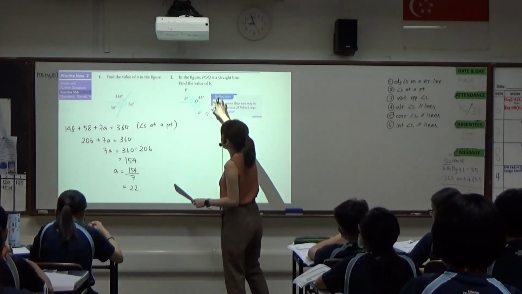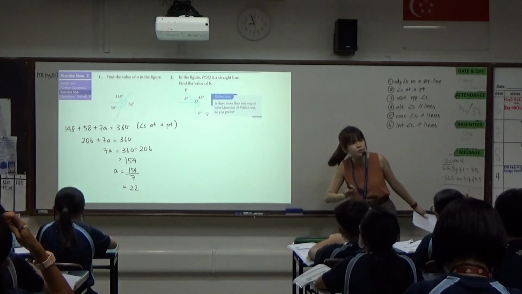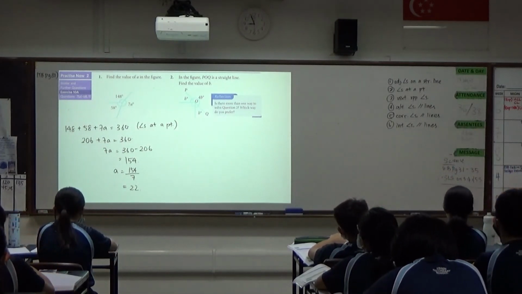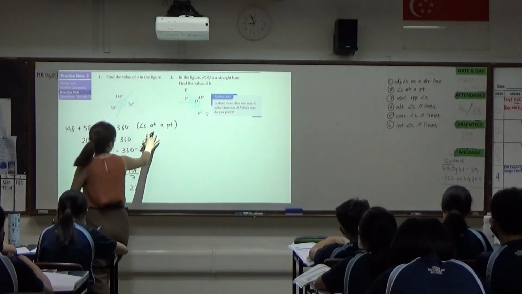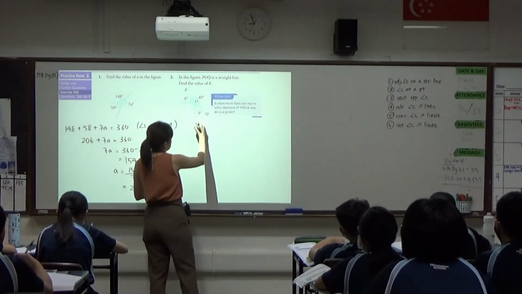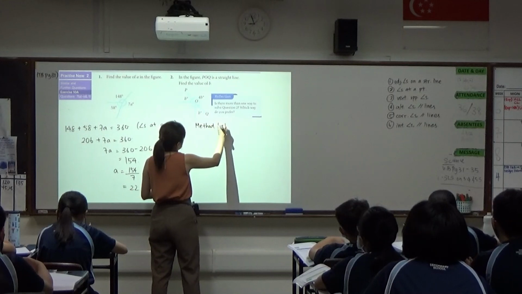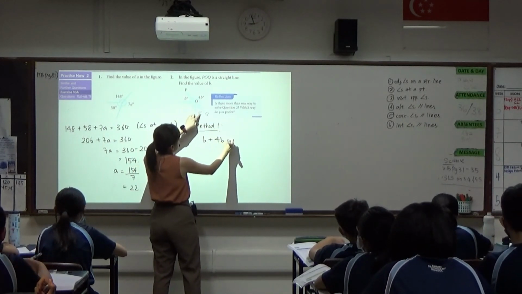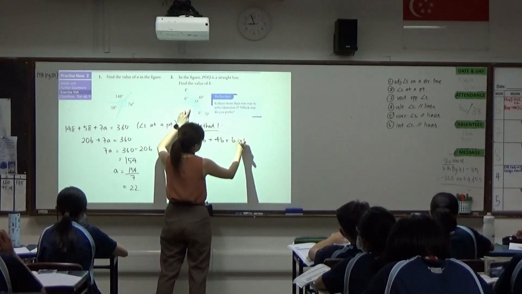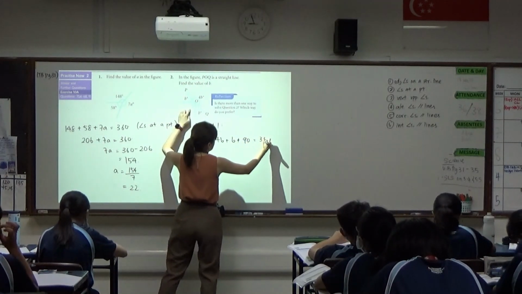Let's do one last one for question 2. For question 2, there are many ways that we can go about solving it. If I just want to apply my angles at a point, then I will be doing b plus 4b plus b plus 90 equals to 360.